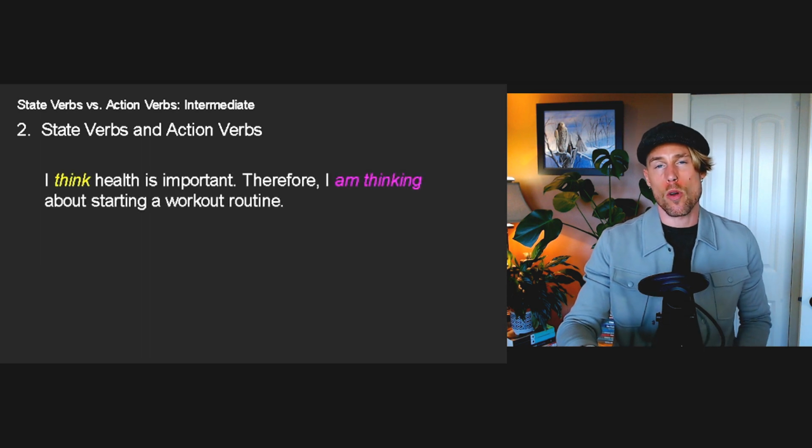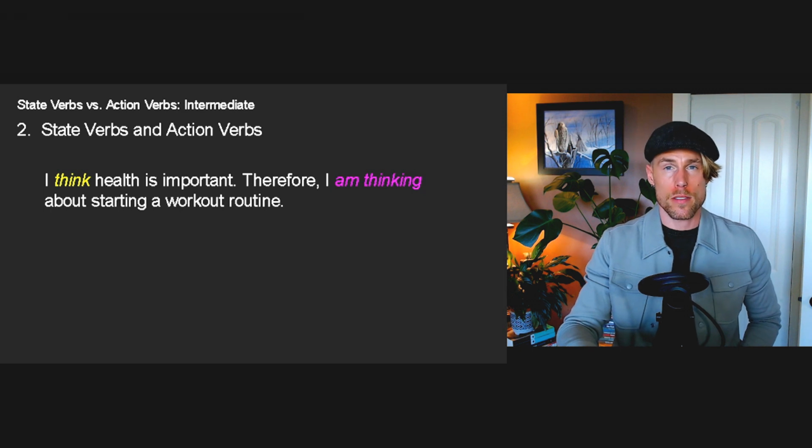So let's look at some more examples. I think health is important. I am thinking about starting a workout routine. So here the verb is think. The first sentence in yellow, what is the grammar tense in this sentence? Is it present simple or present continuous?